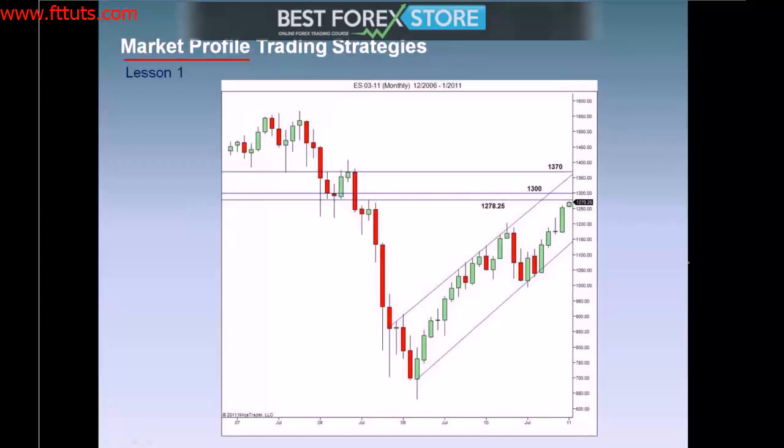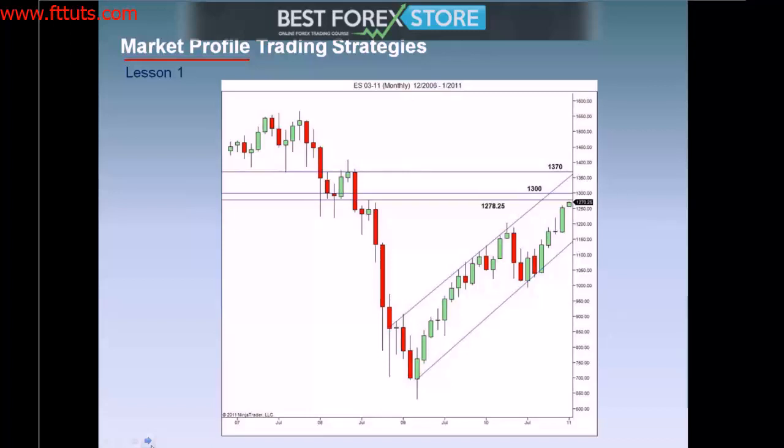Now, you notice why they're called power lines. If you've ever looked overhead at electrical power lines, as they begin to develop on the horizon, they start to look a lot like these power lines. And so we have these power lines coming in from the prior points on the monthly chart, and we also have the channel lines giving us some interesting lines that we have to keep our eye on.